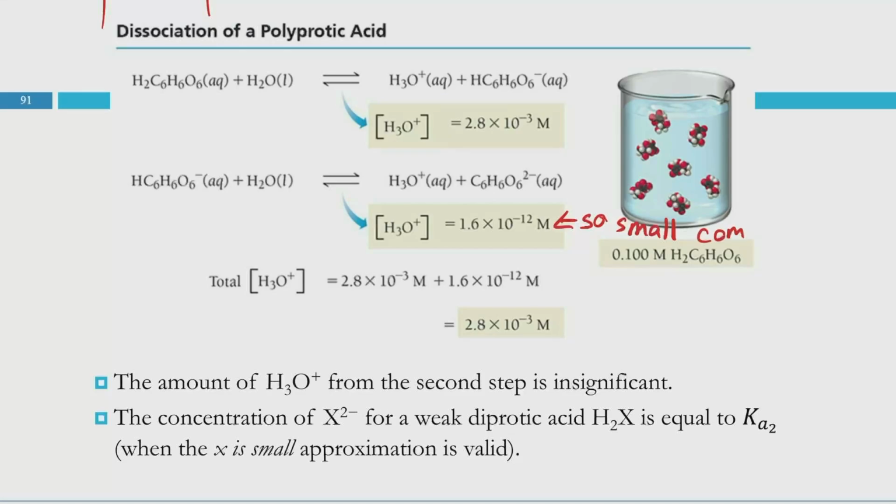in our contribution from our first step. So that's why we've been saying we can just throw out our H3O plus from the first step.